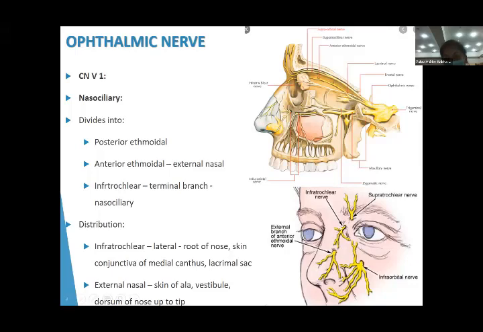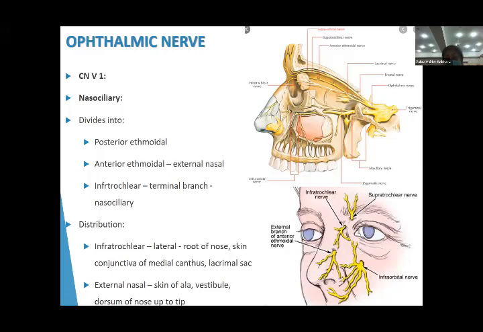Okay, so this is the terminal branch of the anterior ethmoidal, which is a branch of the nasociliary, and this is the infratrochlear, a terminal branch of the nasociliary.